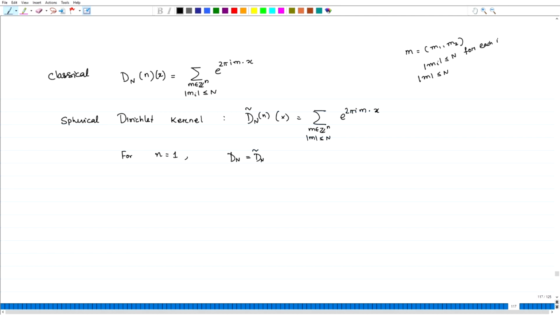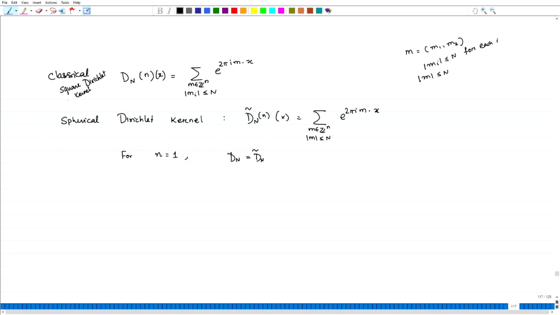Okay. So this classical one, you can take the square, you can call it the square Dirichlet kernel. So now we will concentrate in this lecture on the square Dirichlet kernel.